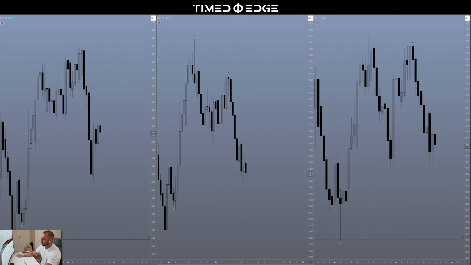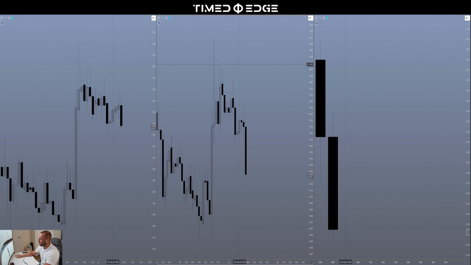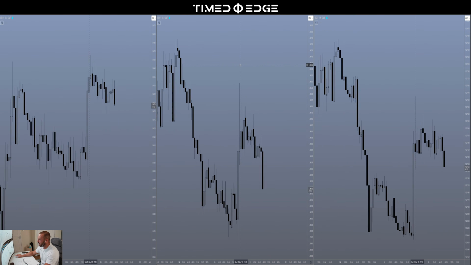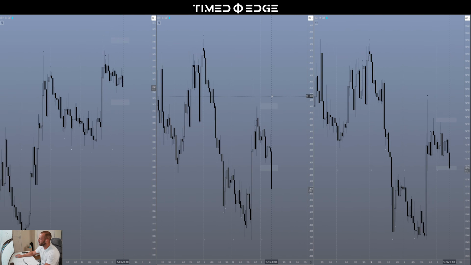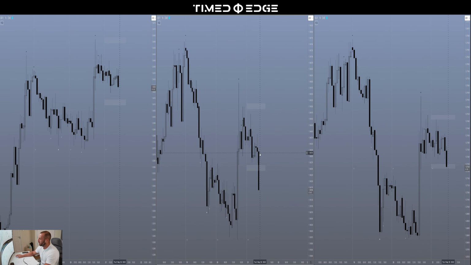Alright, back to we have a range daily profile here. Oh, we're seeing a massive move. Was there any news? I don't think there was any news this morning.